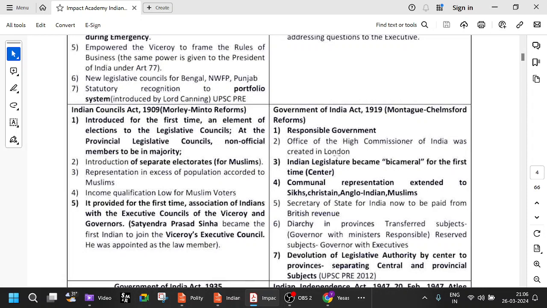And in the Government of India Act 1919, which is also called the Montagu Chelmsford Reforms, communal representation has been extended to Sikhs, Christians, Anglo-Indians, Muslims. So in 1909, it was introduced. In 1919, it was also extended to Sikhs, Christians, Anglo-Indians, Muslims.